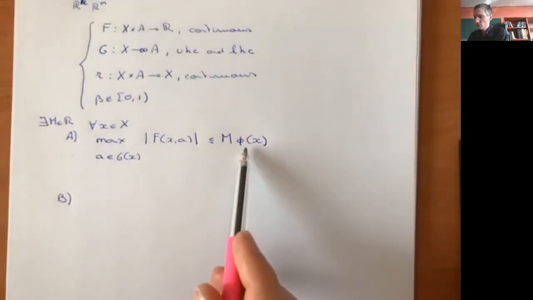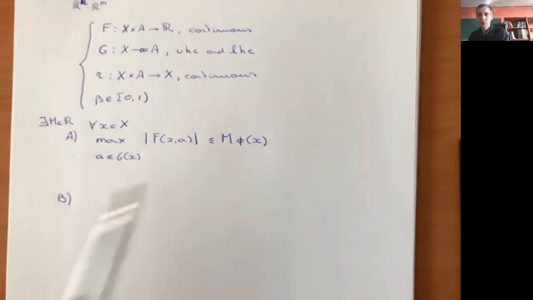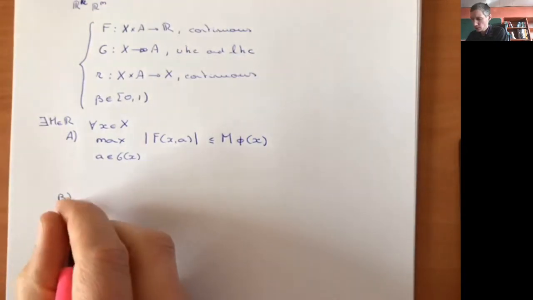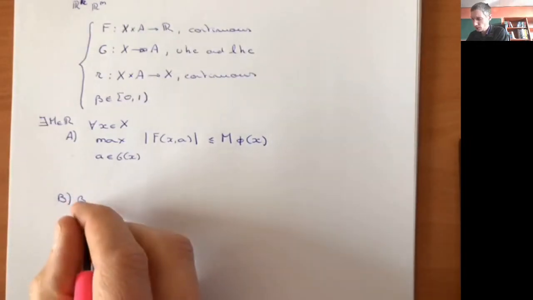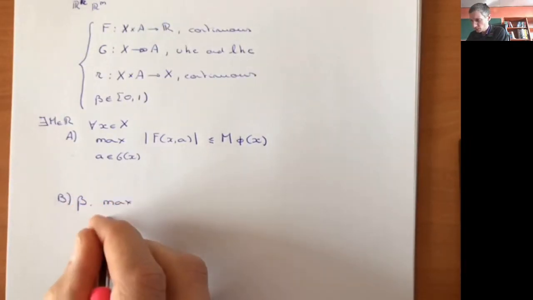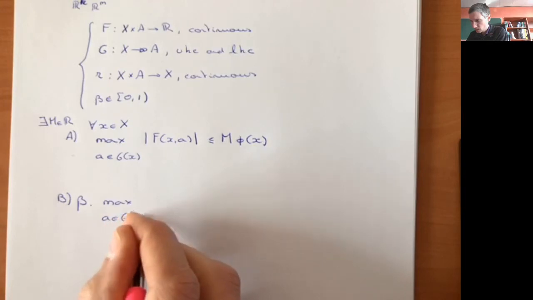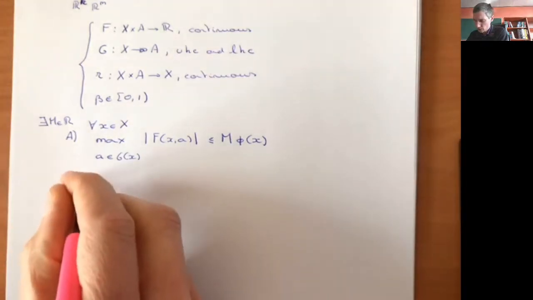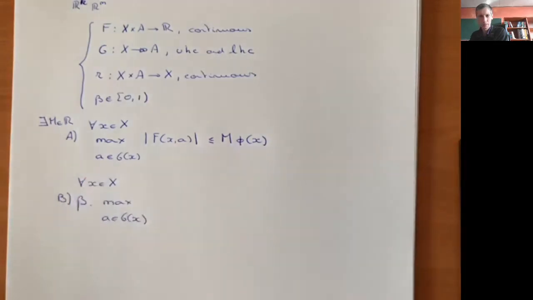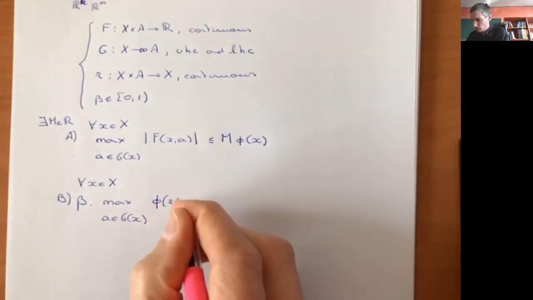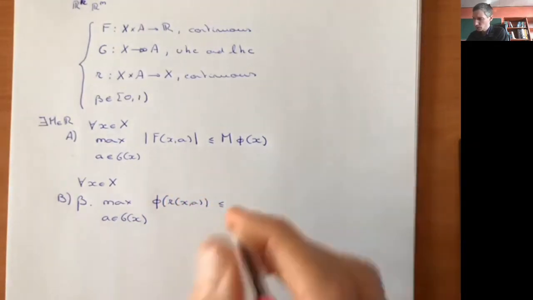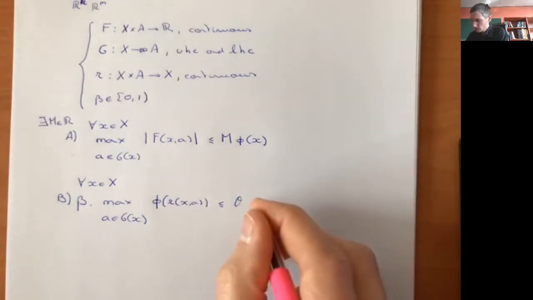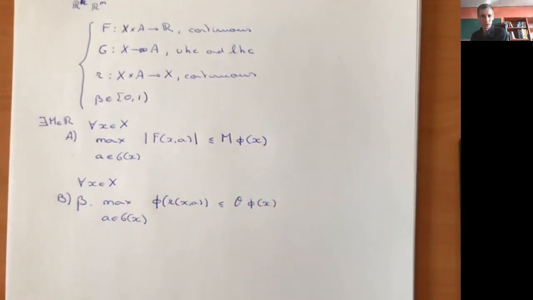Okay, this is basically the idea. And then we have to put a restriction on how the function phi itself can grow. Okay, and then this is imposed by the second condition b. It says that beta times the maximum over a in g(x), and again this holds for all x in X, of phi of r(x, a), is less or equal to theta phi(x).